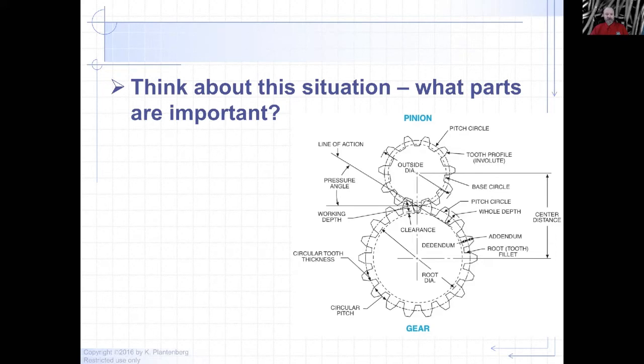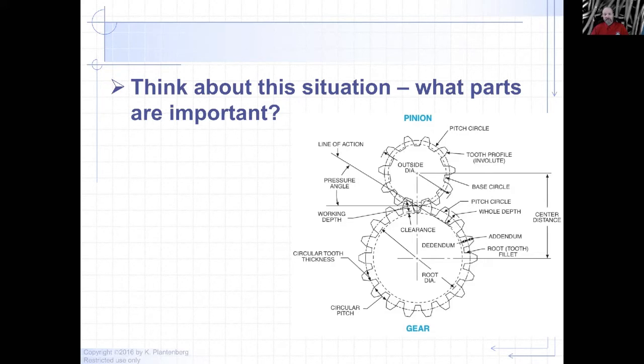Okay, so here's an example of two gear teeth, and you look at it and say, well, what's the important tolerancing there? Well, some of it is the distance between the centers of the teeth, right? That's going to vary. So if the centers vary, you're going to have problems with meshing properly. So the center distance is real important.